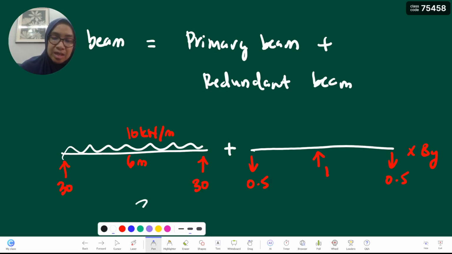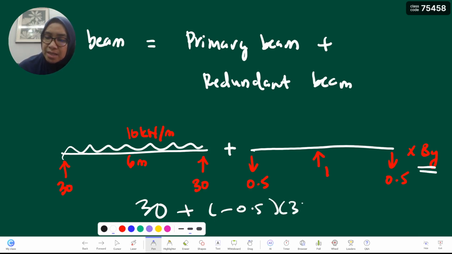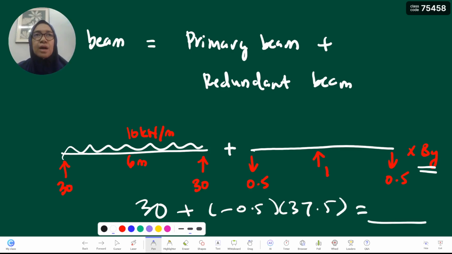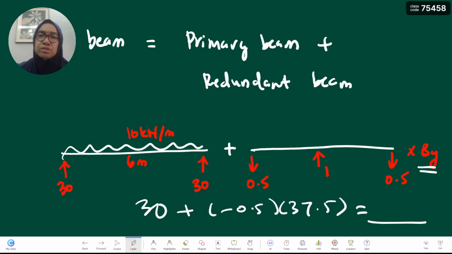Okay, this 30 plus negative 0.5, we have to times with By, 37.5. Then we will get Ay. So for By, we just need to use the principle of superposition.